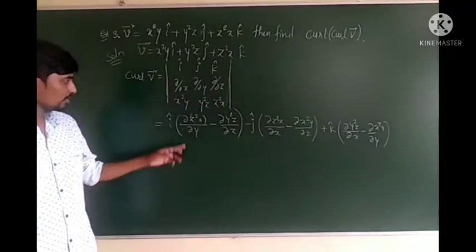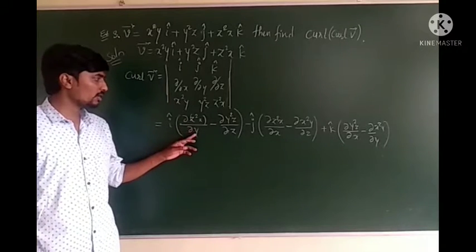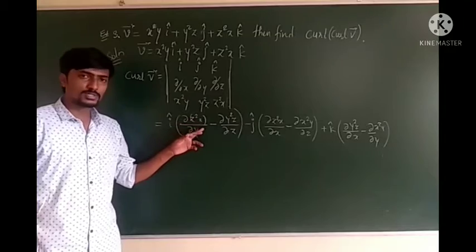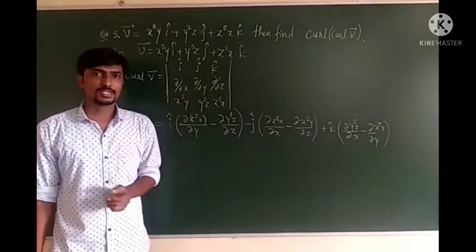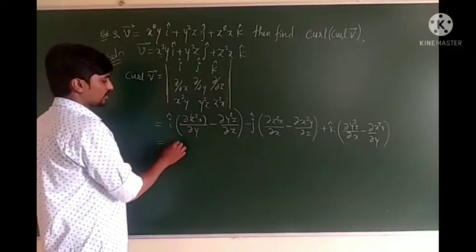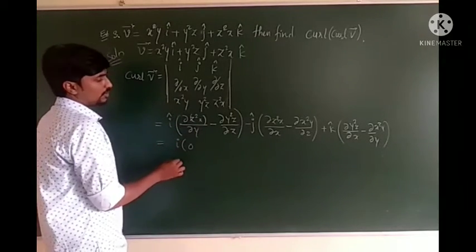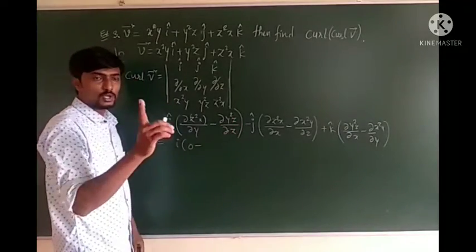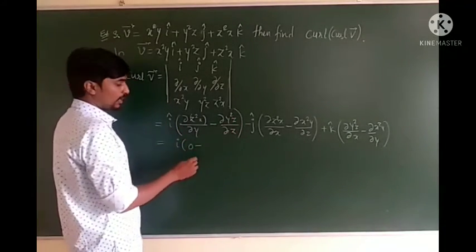Here ∂/∂y means differentiation of this function with respect to y as a partial, so the other values become constants. Therefore this value becomes 0. Next we have ∂z: differentiation of z with respect to z is 1, so only y square remains.